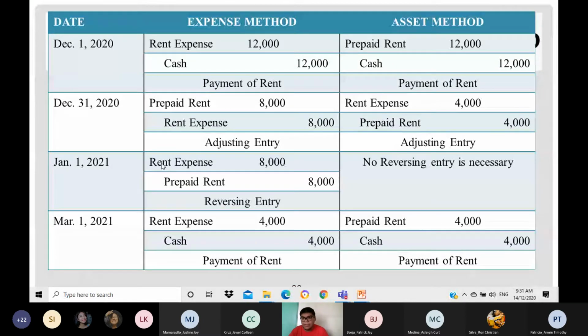Dito kasi prepaid rent and cash. There will be no consistency in recording of expenses because there are expenses payable in advance and there are expenses which are not. So meron mga gastusin na pwede mong bayaran in advance.